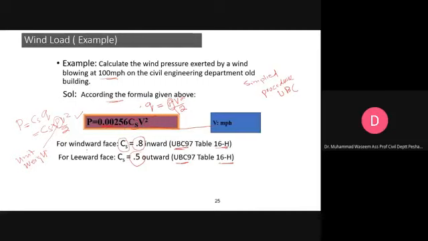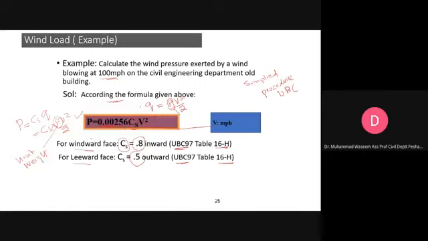So if you go to the code and, for example, you have to calculate the wind pressure for a velocity of 100 miles per hour, and your civil engineering department is subjected to this pressure, how will you compute the pressure? We know that there are two sides, windward side and leeward side.